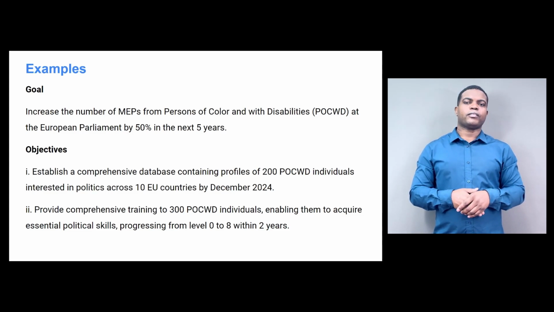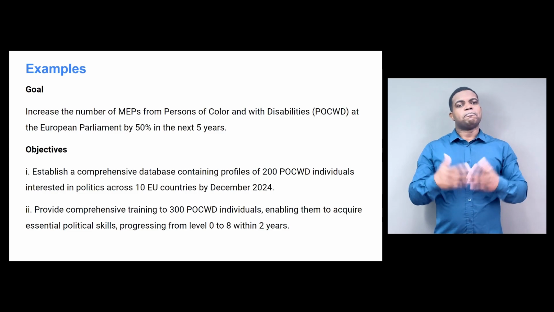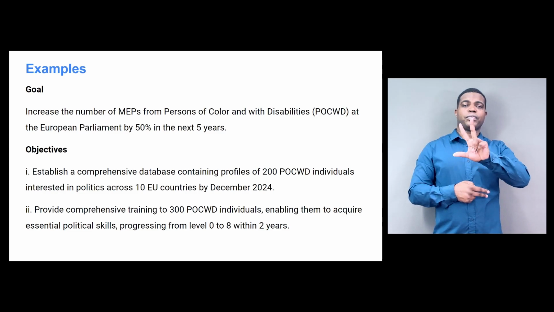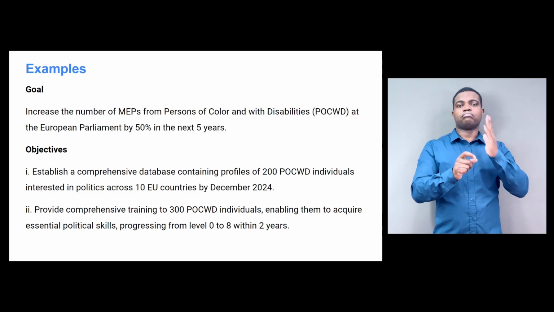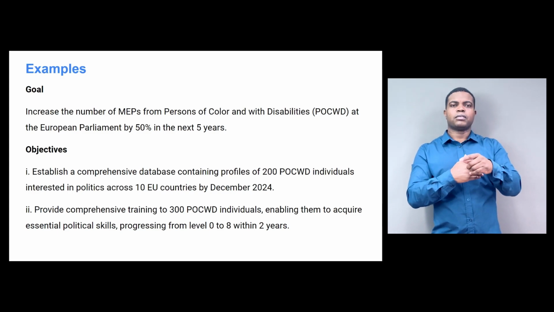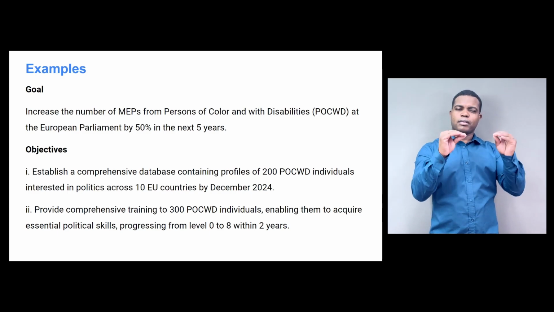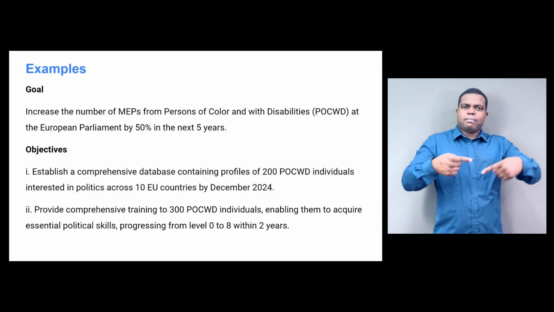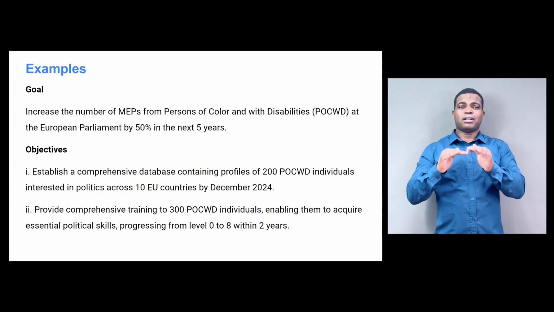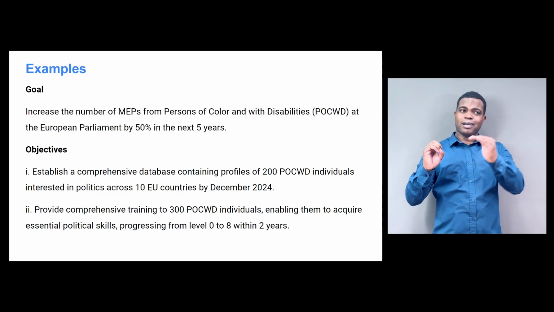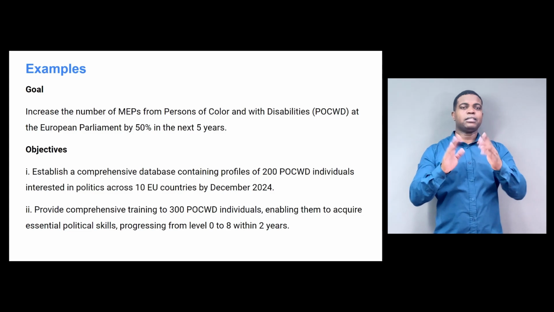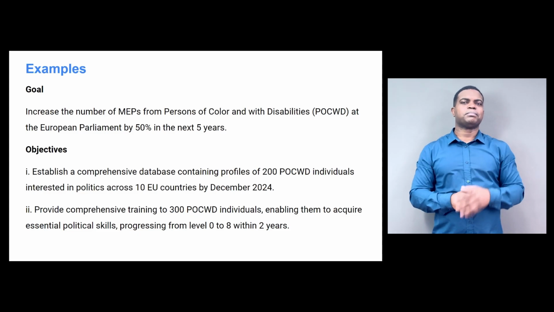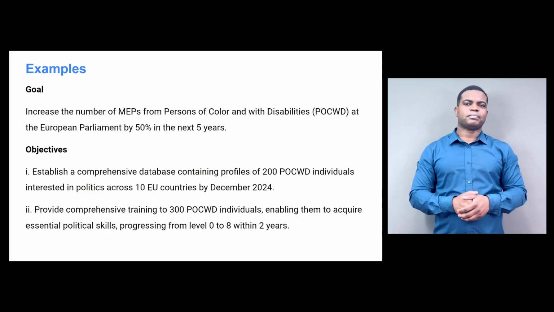So objective number 2 could be to provide comprehensive training to 300 POCWD individuals, which will enable them to acquire essential political skills, progressing from level 0 to 8 within 2 years.